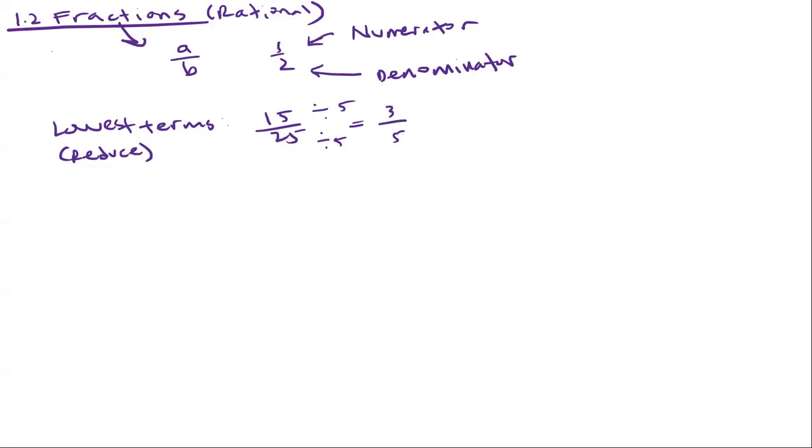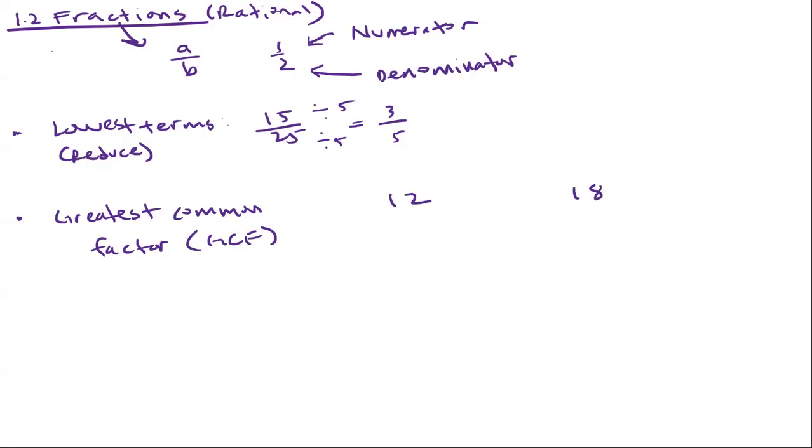Okay. Another term we should know or be familiar with is the greatest common factor. All right. So that's the GCF, greatest common factor. So, for example, if we have, say, 12 and 18, and we break those down to their factors, we'll have several of them, right?